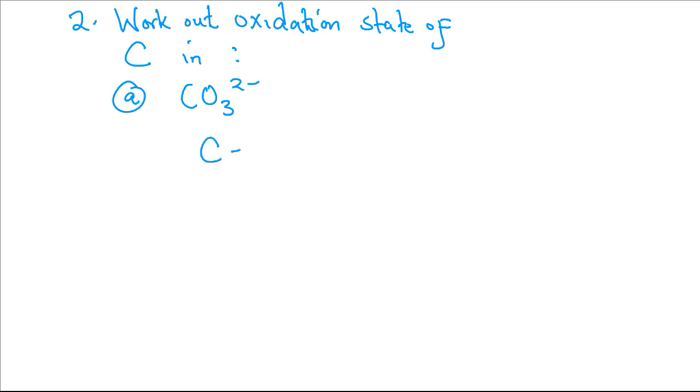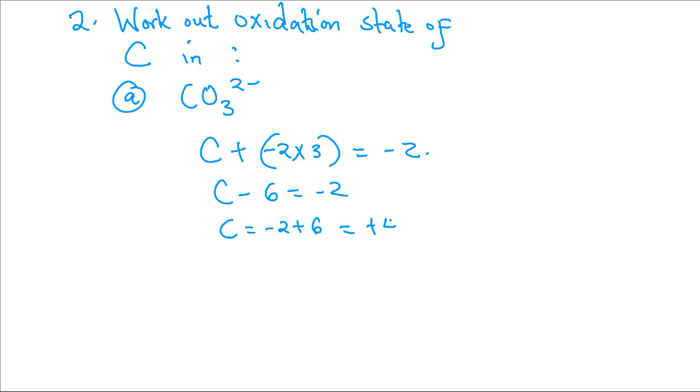So that is C plus -2 times 3. Overall charge is -2. That is C - 6 is -2. C is equal to -2 plus 6, which is +4. And therefore, the oxidation number of carbon in carbonate ion is +4.